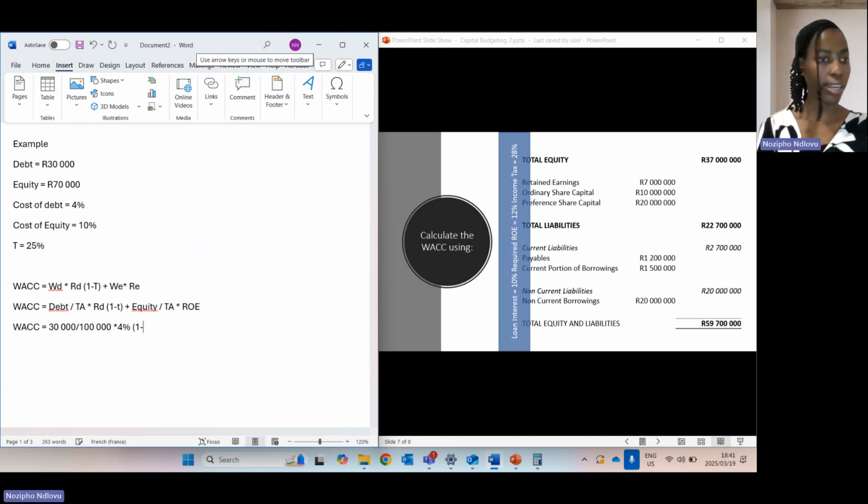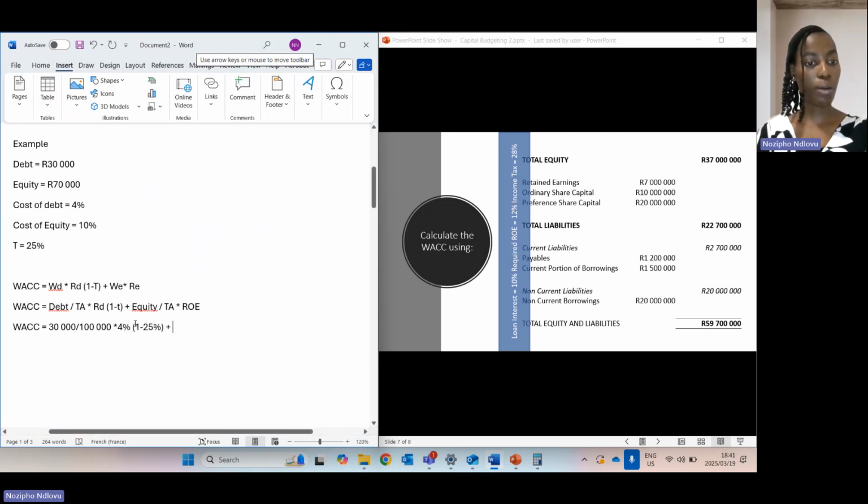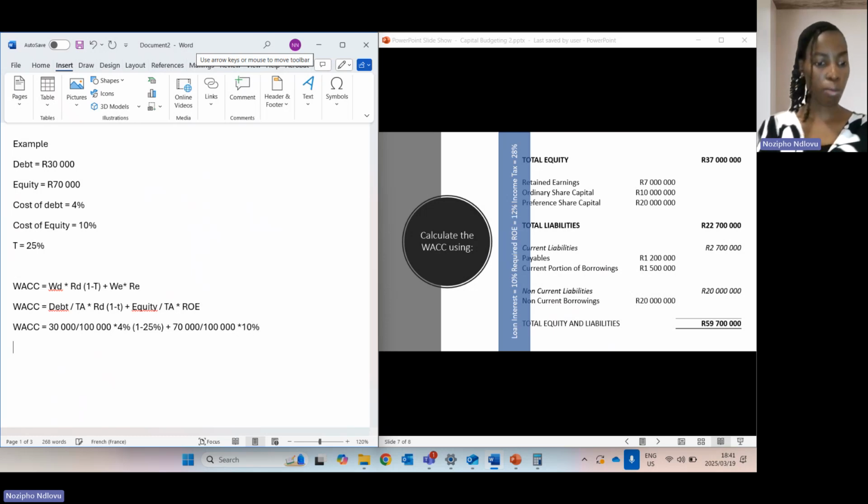The taxes. 1 minus the taxes. What is the tax that we're given? 25%. Then we plus, what is the equity side? Equity is the 70,000 divided by 100,000. Then we multiply that by the rate or the cost of equity, which is 10%. Hope everyone by this time is following through.